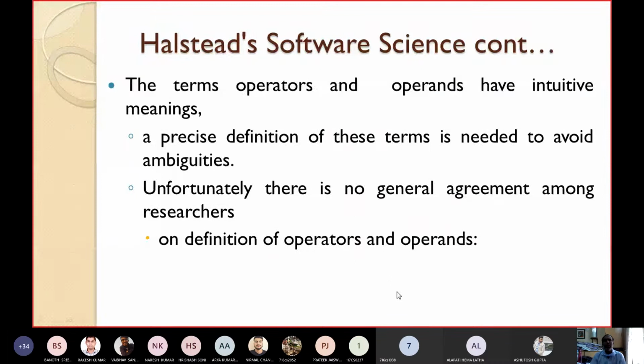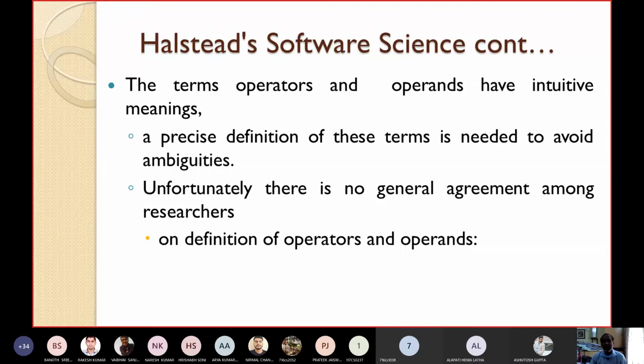Please remember these are a little bit subjective. The terms operators and operands have normal intuitive meanings. A precise definition of these terms is required to avoid any sort of ambiguities. Unfortunately, there is no general agreement among researchers on the definition of operators and operands.